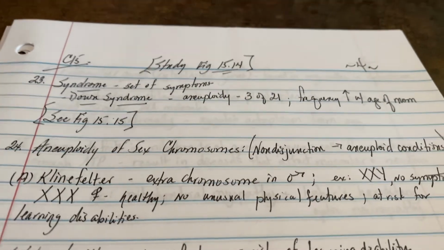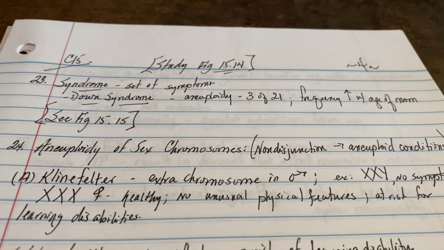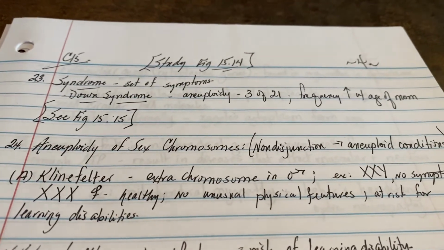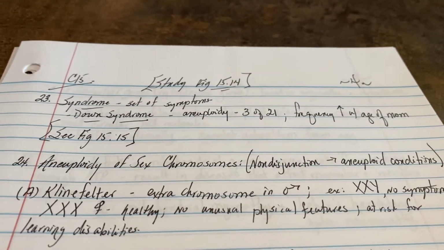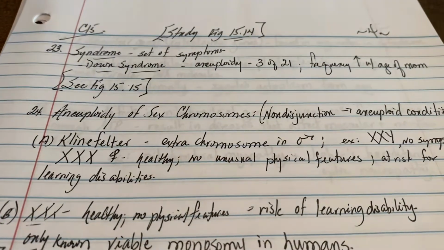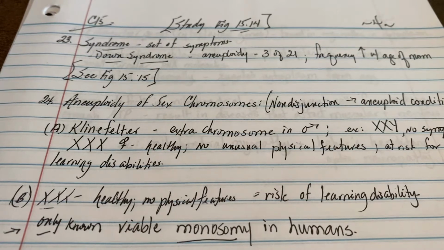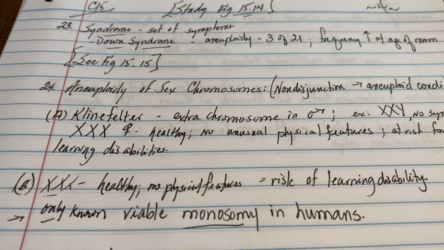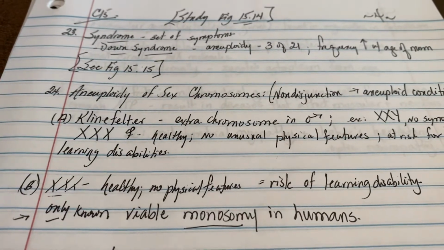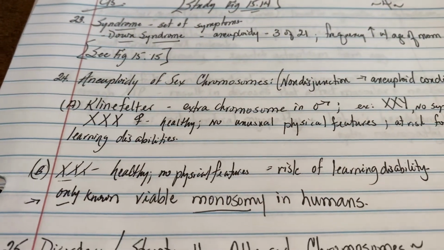And typically, they're healthy. There's no unusual physical features, but they are at risk for learning disabilities. With XXX, they're healthy. It is the only known viable monosomy in humans.